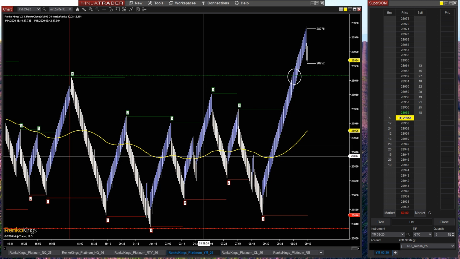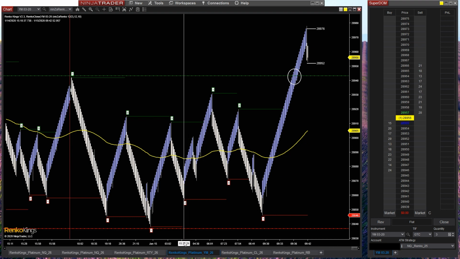Something else I want to mention about what's on the screen is, do you notice how my screen is scrunched up? Okay, this is how I start every day of trading.